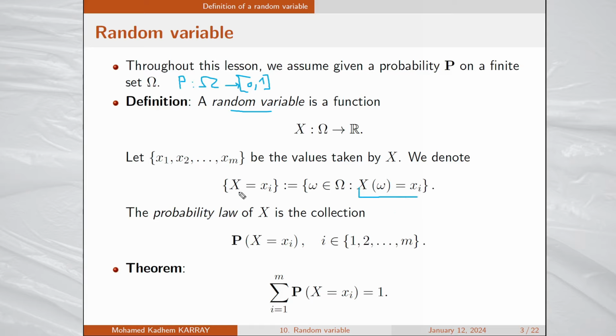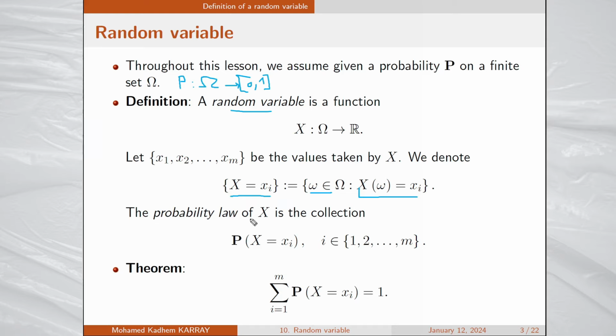So keep in mind this notation: when we denote a random variable X = xi, it means the set of elementary events in our universe such that the value of the random variable for this elementary event equals xi.